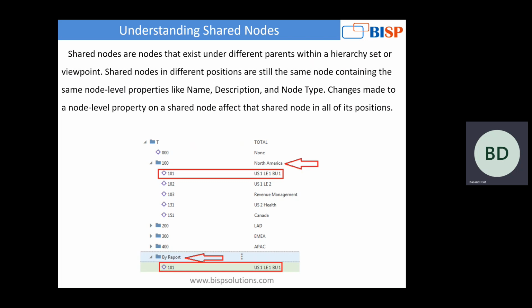The same in the EDMCS application: we have a particular hierarchy, and it is shown on this screen that we have 100 and it has one child, that is 101, but in the report we want 101 to come again in the particular viewpoint. And by viewpoint I mean the dimension.